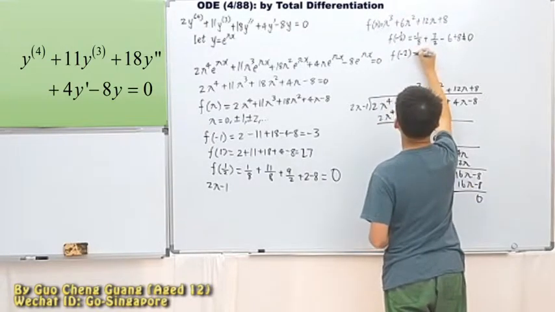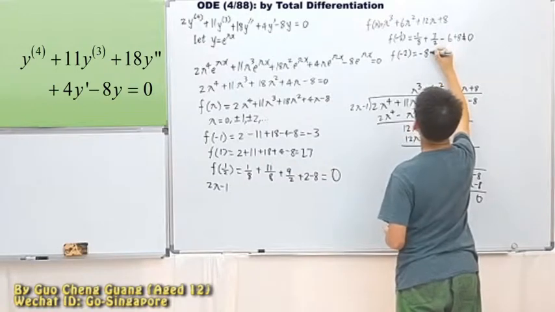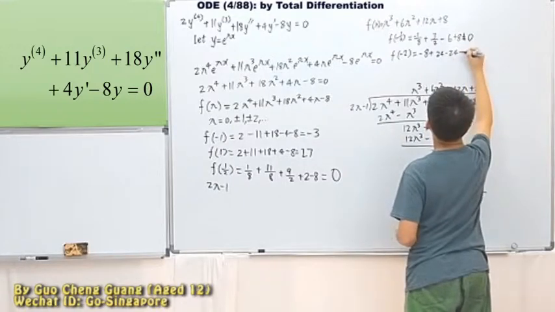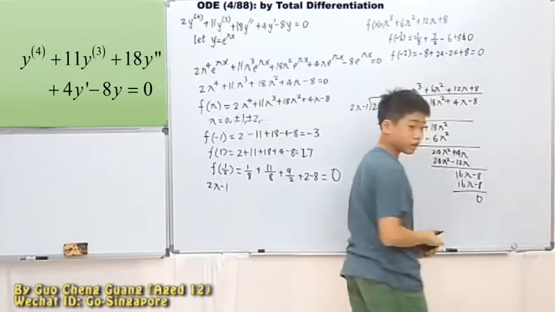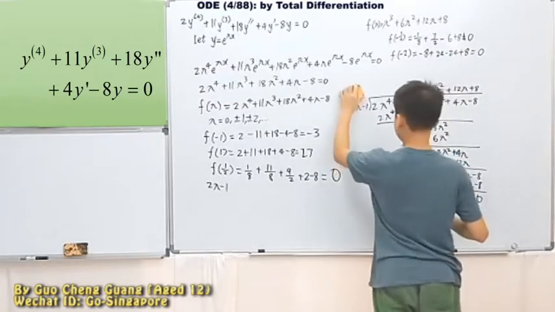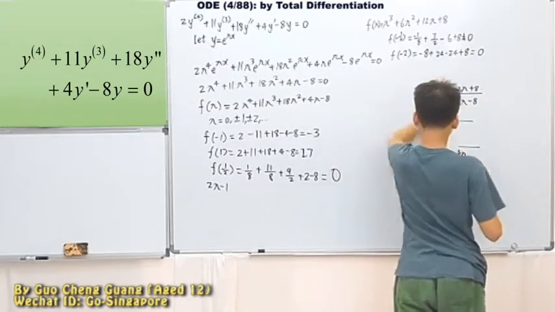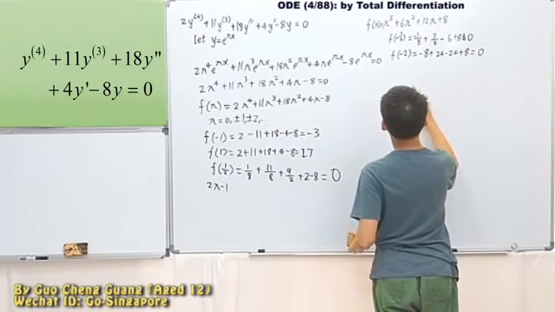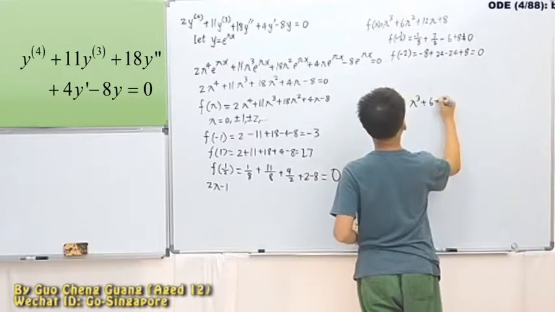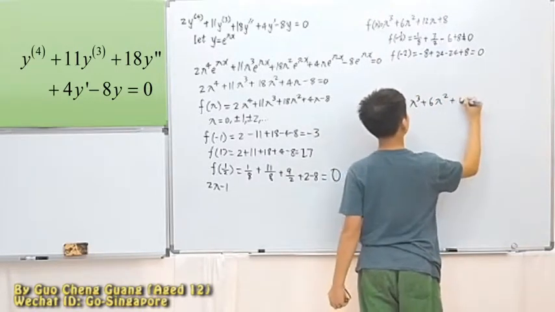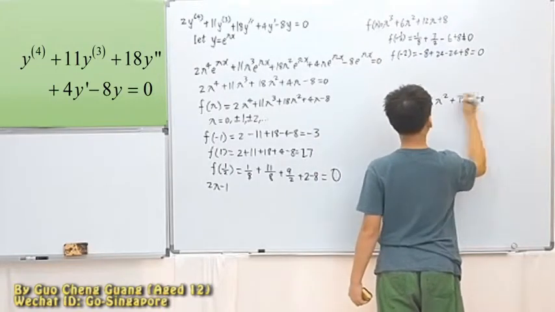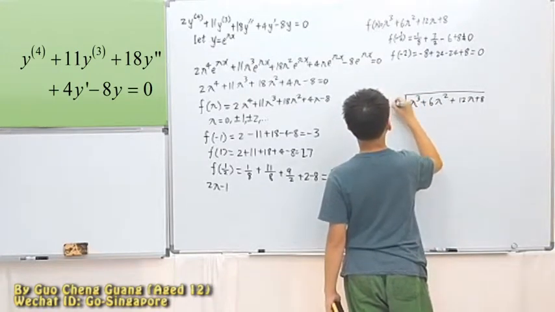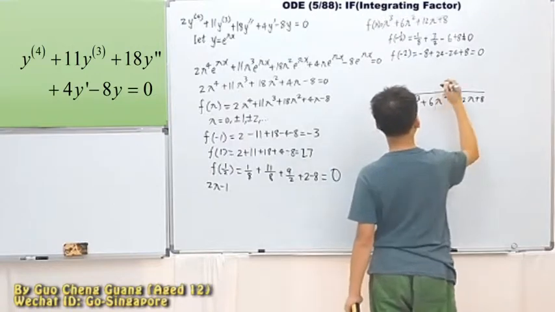Wait, what if we try negative 2? Okay, now that gives us 0. So for this whole part, minus 2, that means it's a plus 2.